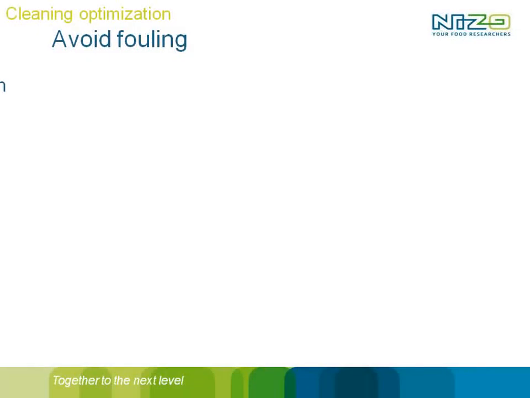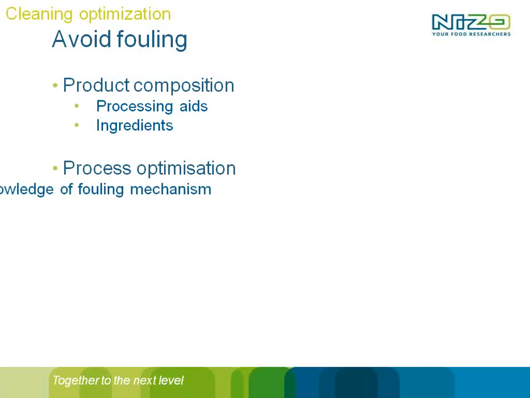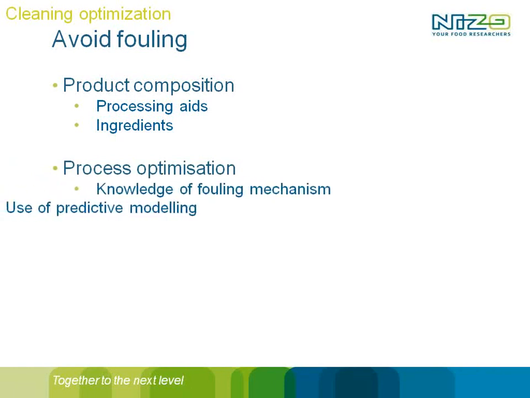So to start with the avoidance of fouling, there are a lot of factors which are influencing fouling, and you can avoid them by adding processing aids. I will show an example, but you can also look at the composition of your product. Specific components are causing a higher fouling rate than other ones. You can think of optimizing a process itself.